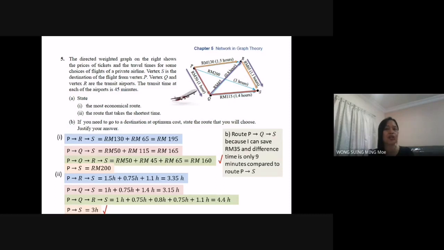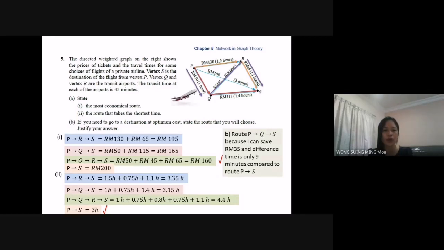Okay, route P to Q to S, because I can save 35 ringgit and the difference in time is only 9 minutes compared to route P to S. Route P to S is 200 ringgit. And PQS, you only need to spend 165.